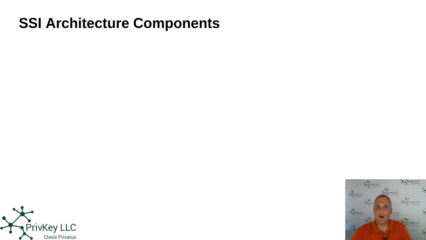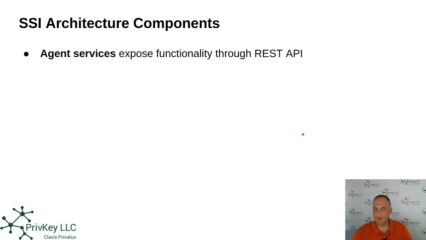The SSI architecture components are basically, you have the agent services exposing functionality through the REST API. Most of these terms are actually for developers, but basically what it means is that you have these agent services. In other words, agents, think of the smartphones or a website, they will talk via APIs, application program interfaces, into the applications using these agent services, right?